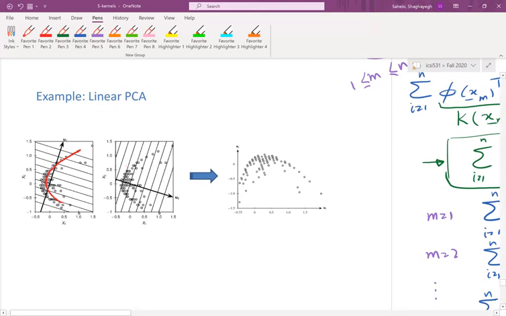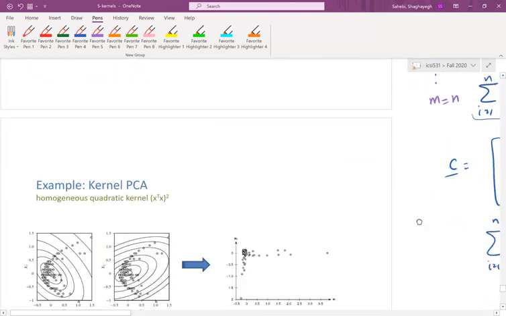So u1 is like this, u2 is like this. So if we represent our data in terms of u1 and u2 instead of x1 and x2, it's as if we are just rotating our data a little bit. So our data is going to be rotated and it's still going to have this curvy shape, but in the directions of u1 and u2.